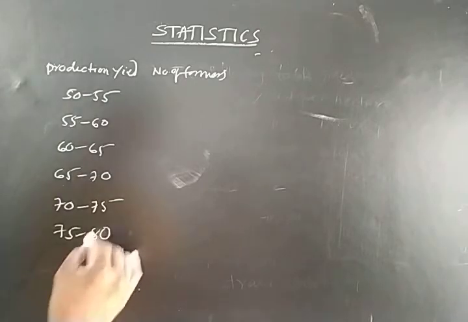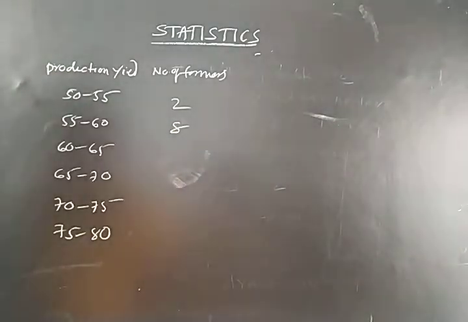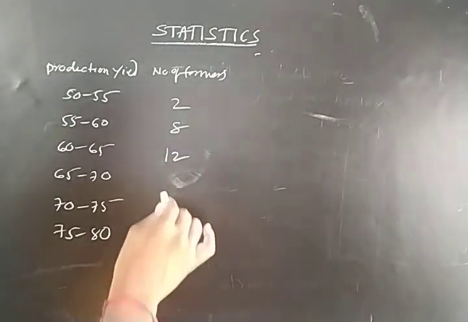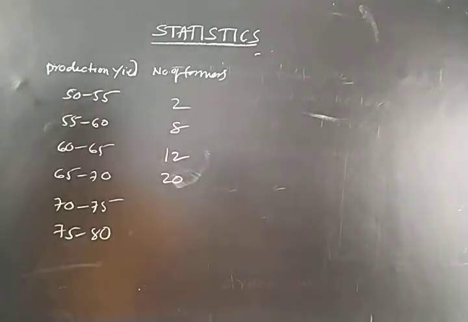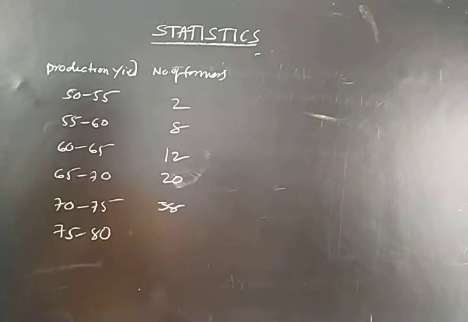Number of farmers: 2, here 8, 60 to 65 is 12, 65 to 70 is 24, 70 to 75 is 38, and 60. So this is the question.